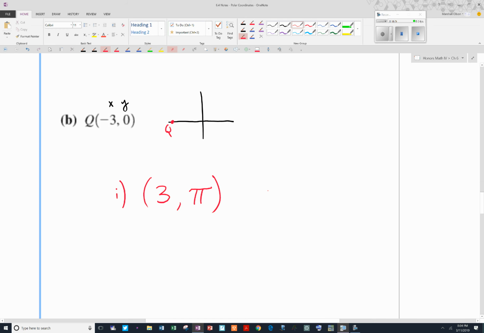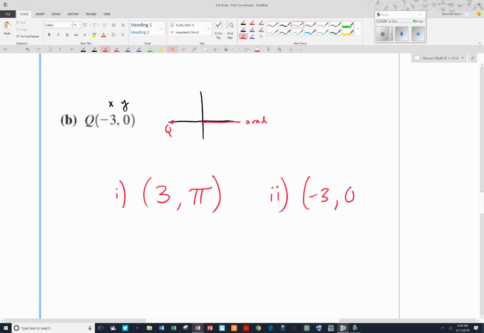Now for our second angle with a negative r value, we need the angle to not open up at all. I need my angle to be 0 radians. Because if I do 0 radians and then have a negative r value, negative 3, that'll put me on the back side, which would be over there.